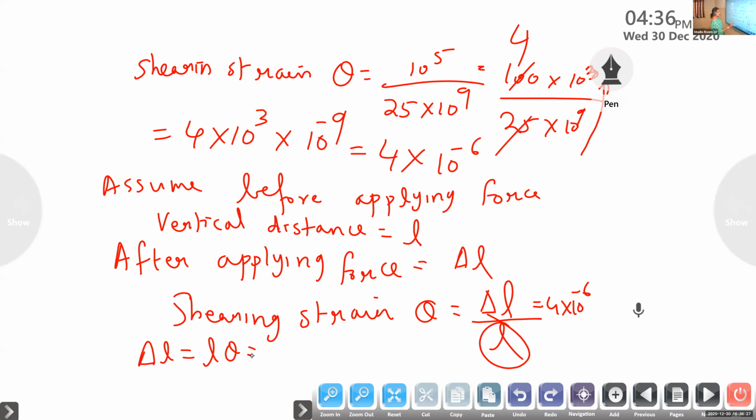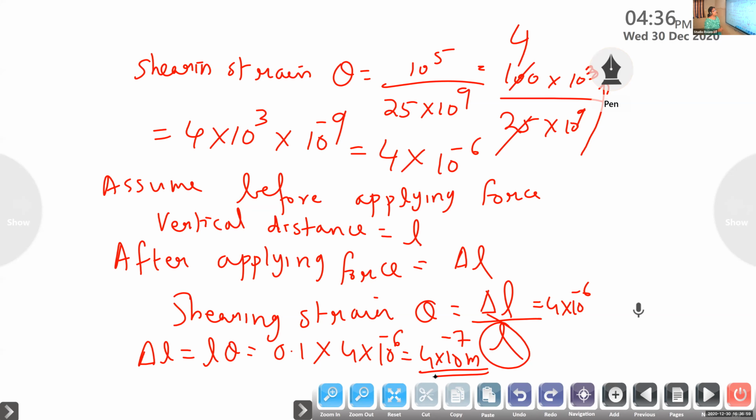L theta means 0.1 into 4 into 10 to the power of minus 6, and you get the final answer 4 into 10 to the power of minus 7 meter, because I consider 0.1 as 10 to the power of minus 1. There is a lot of mathematical manipulation of powers in this chapter. I hope you have understood.